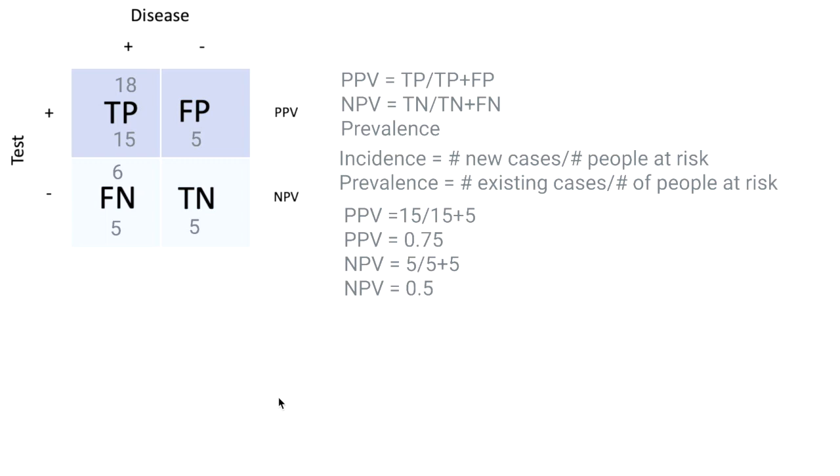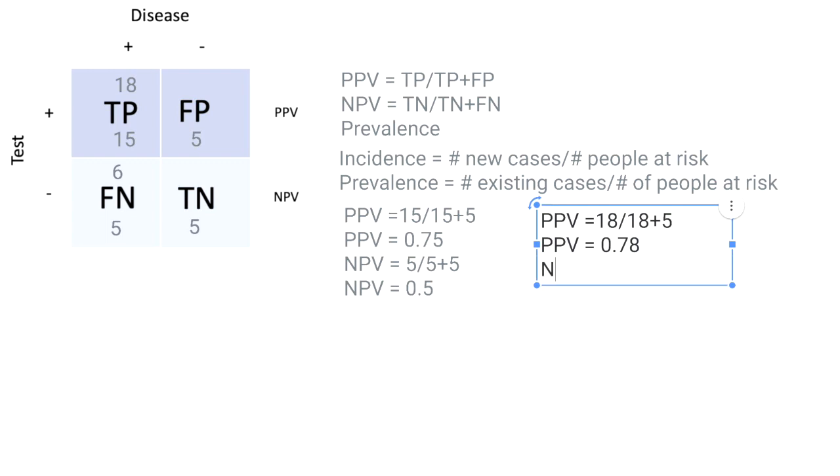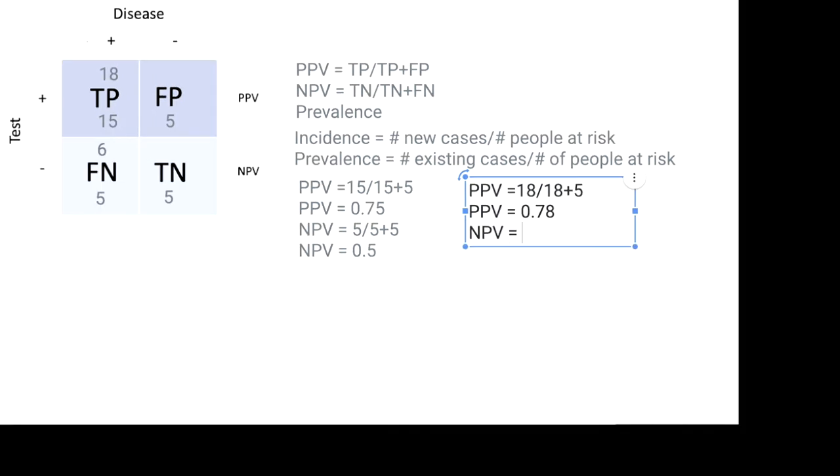Let's do the calculations with a new increase in prevalence. So if there's an increase in prevalence, then the new values will be, positive predictive value will be 18 divided by 18 plus 5, giving the new positive predictive value of 0.78. And the negative predictive value will be 5 divided by 5 plus 6.